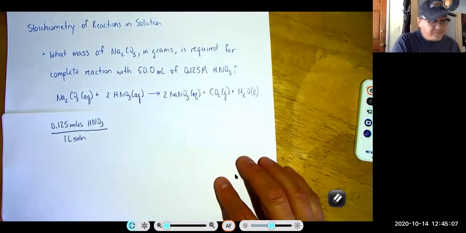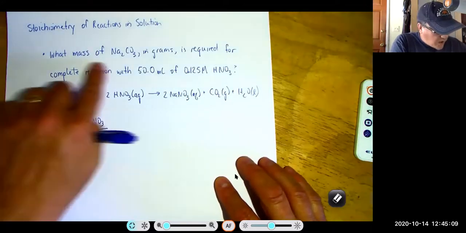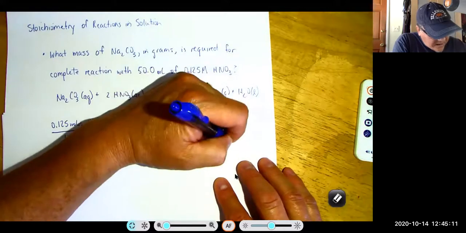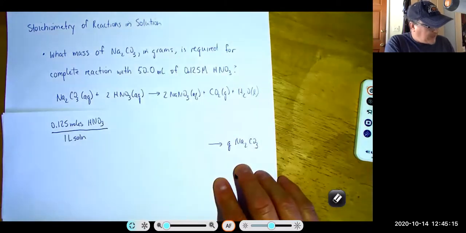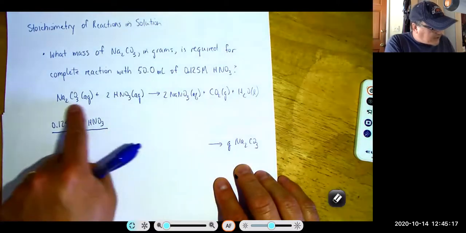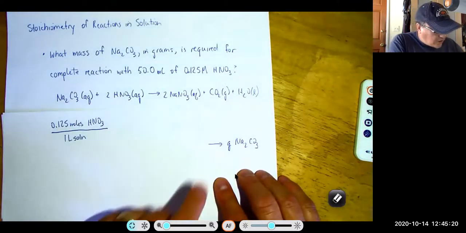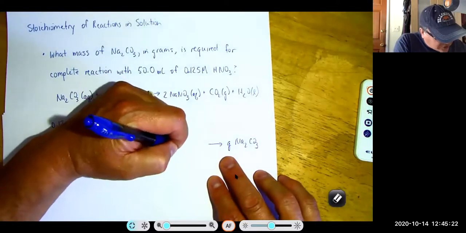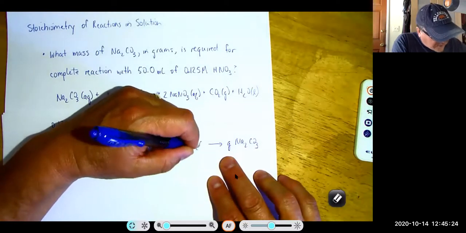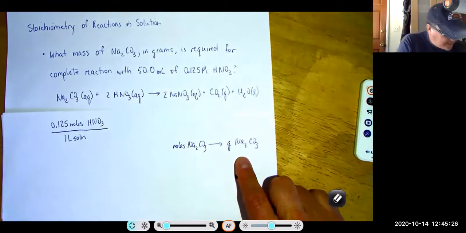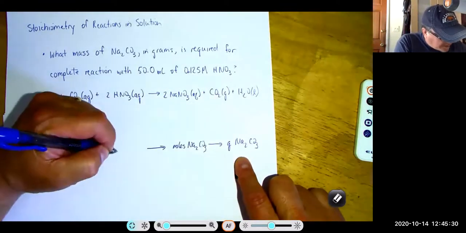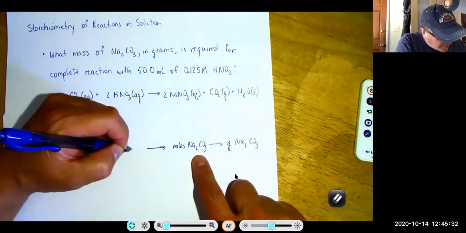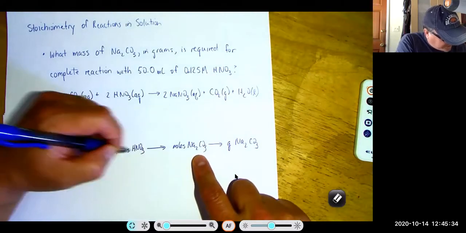Okay? So you can see that we want grams of sodium carbonate. And since we have this balanced reaction here, chances are we're going to start with moles of sodium carbonate to get grams of sodium carbonate. And since they give us HNO3, we'll probably get to here from moles of nitric acid.